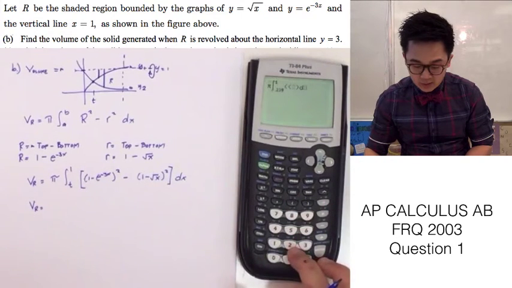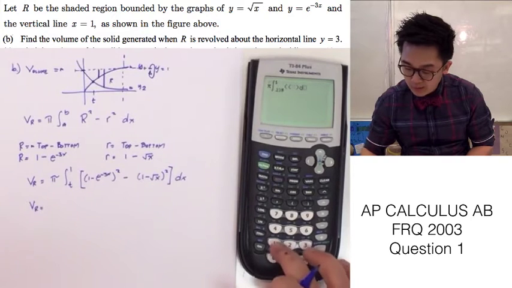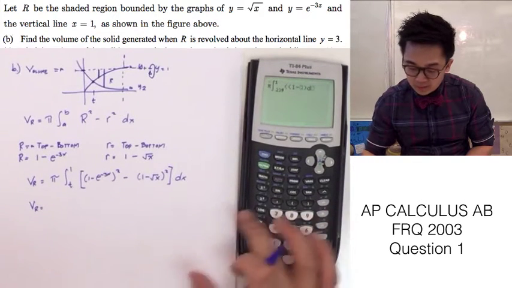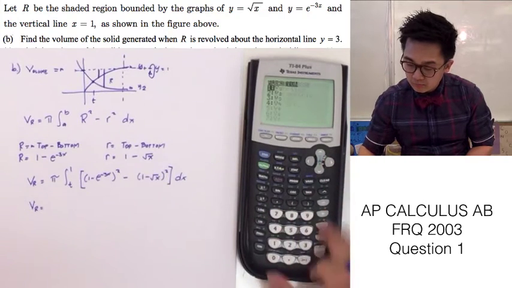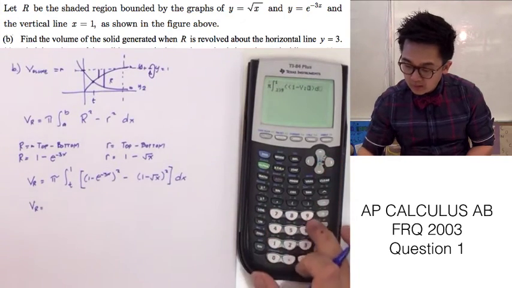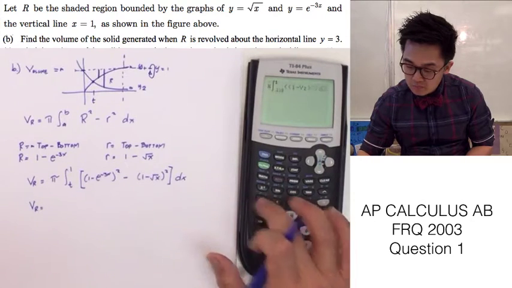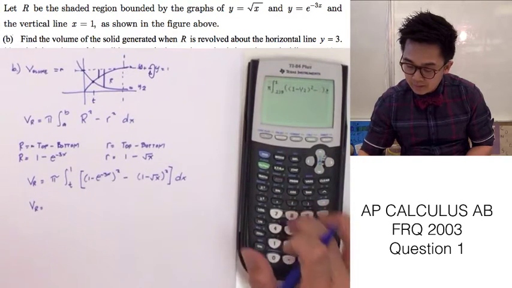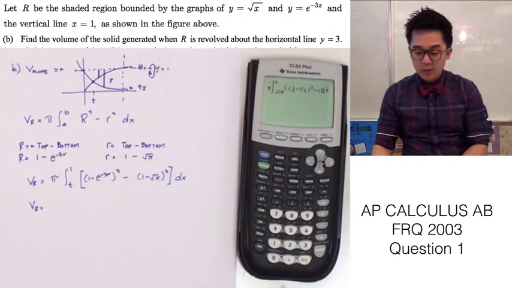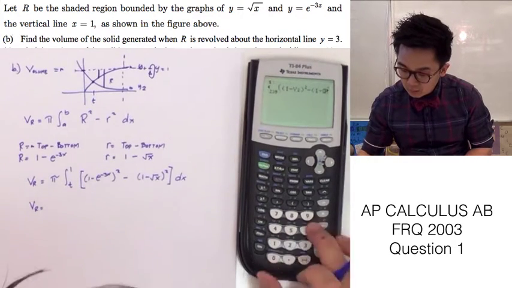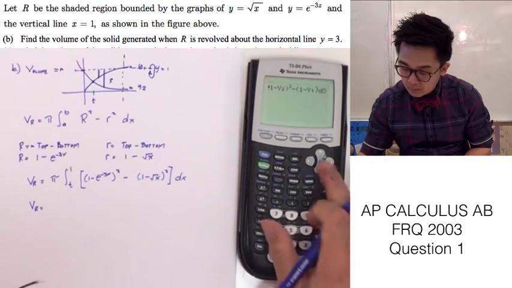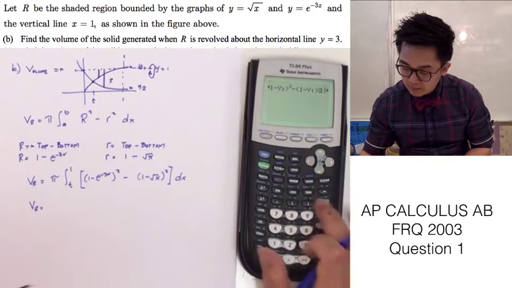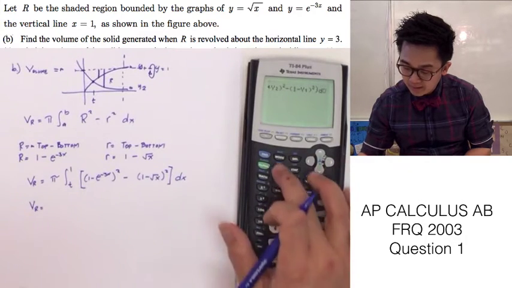The first function is 1 minus e to the negative 3x squared, so I'm going to put in quantity 1 minus my e to the negative 3x, which is y sub 2, and I will raise it to the second power, minus the second group, which is 1 minus the square root of x, which is y sub 1. Close it and raise it to 2. dx.